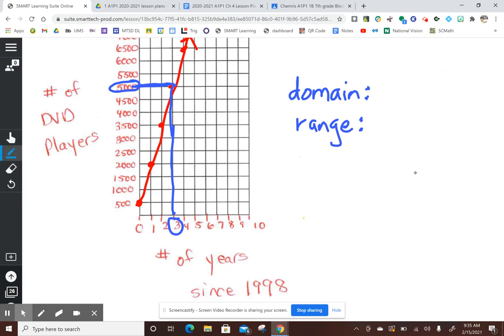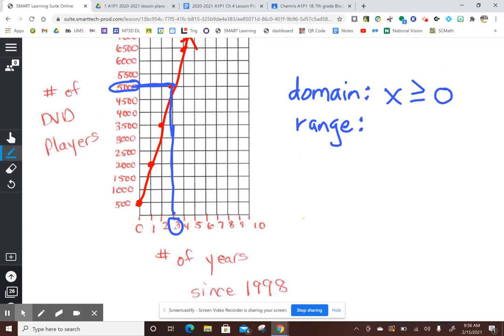What is the minimum x value? The minimum x value is 0. And it continues forever, so 0 onward. How do we write that? We write that as x is greater than or equal to 0.